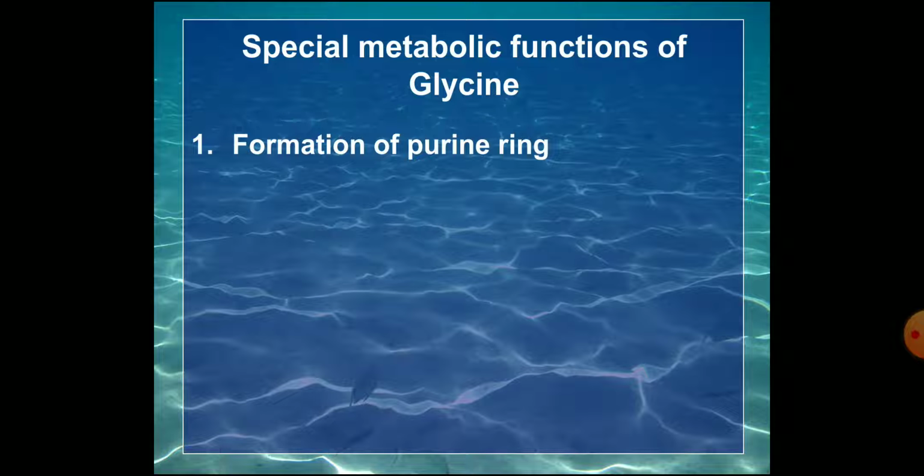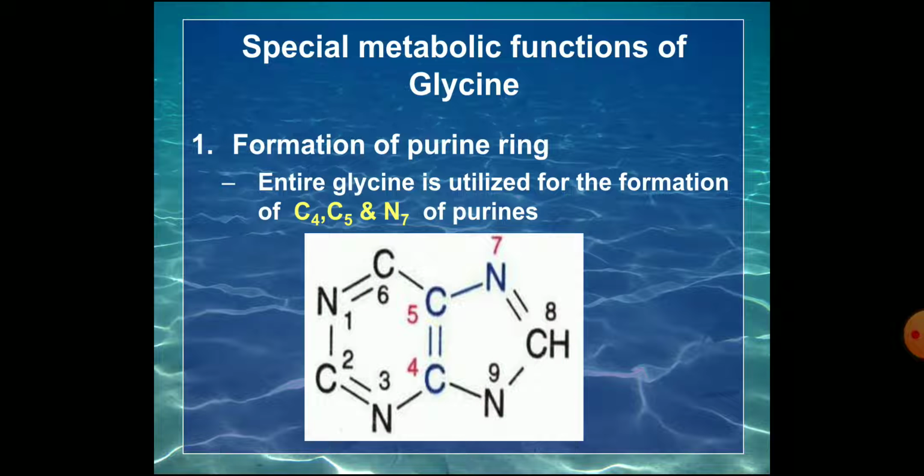First, we are going to study the formation of the purine ring. The entire glycine is utilized for the formation of purine, that is carbon number 4, carbon number 5 and nitrogen 7 of the purine are produced from glycine. See, the numbering of the purine ring is like this: 1, 2, 3, 4, 5, 6, N7, C8 and N9.